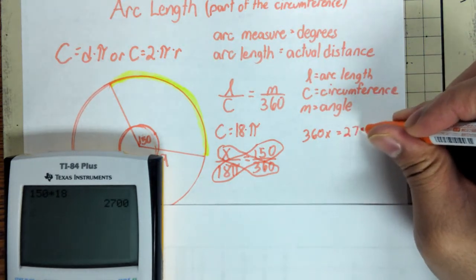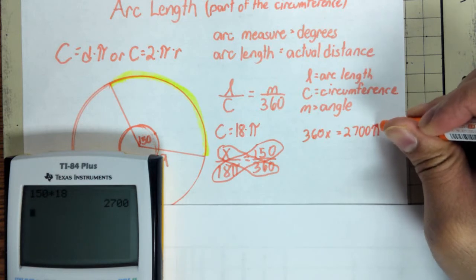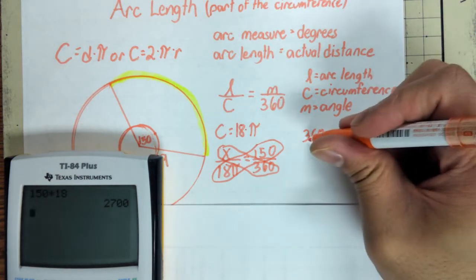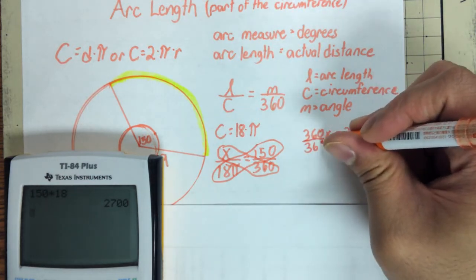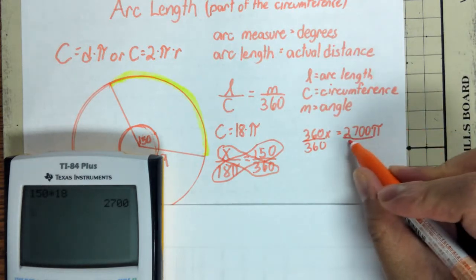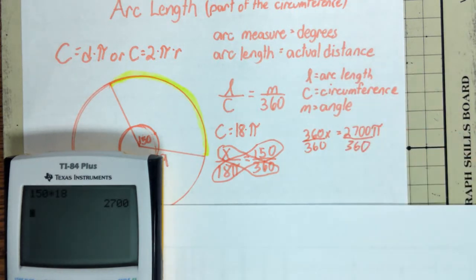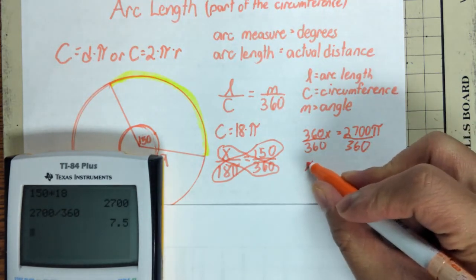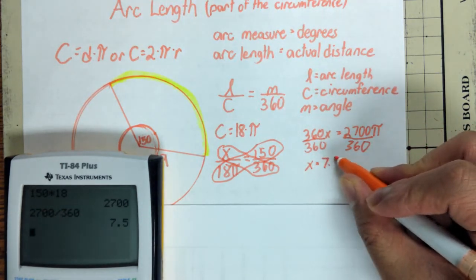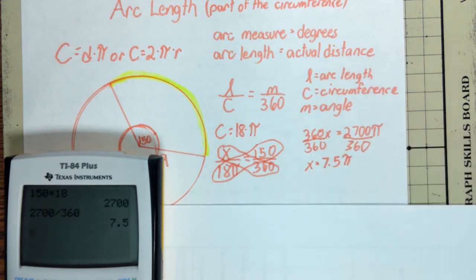So 2700 pi. Pi is something we write down. And then last step, we divide by 360. So 2700 divided by 360 to get x equals 7.5 pi.